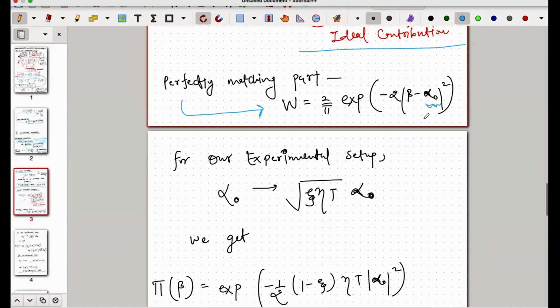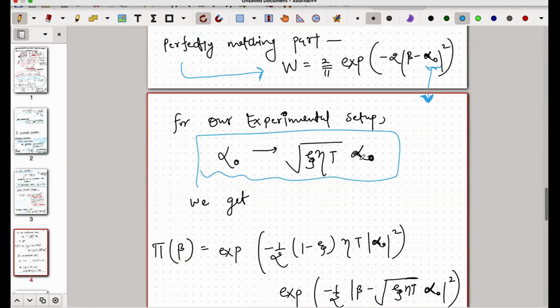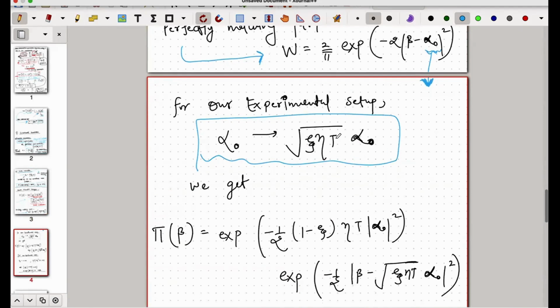with mean centered around alpha naught for the ideal general case, but in our case alpha naught will be a little modified due to the detector efficiency and the power transmission. All those things will come into the picture, and then the mean will get shifted a little.